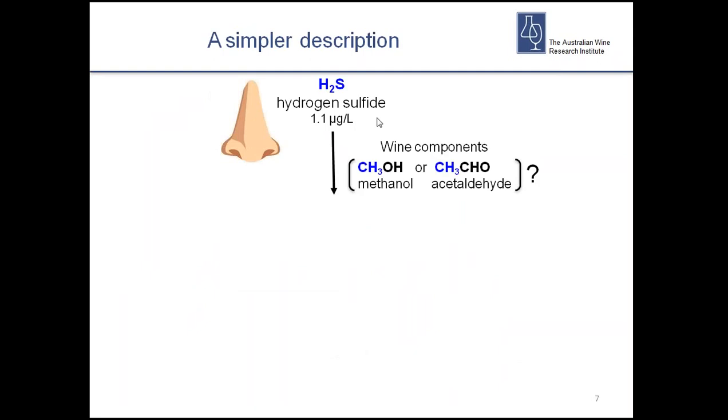But because it's such a reactive compound, it can interact with a wide range of wine compounds, such as methanol and acetaldehyde, and then it can form methanethiol or mercaptan. As you can see, the aroma threshold is very similar between hydrogen sulfide and methanethiol. So although your aroma is changing from a sewage aroma to more of a putrefaction and sewage aroma, it'll still have a very large impact on your wine.